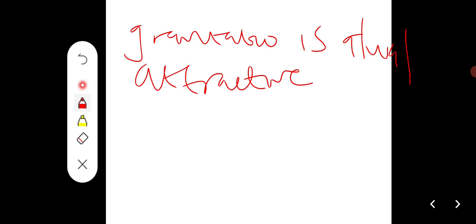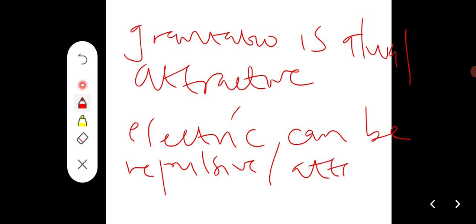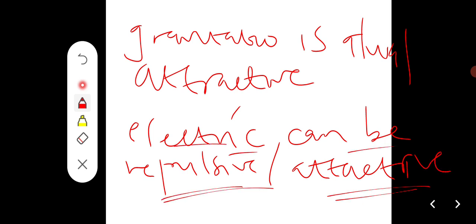Then the electric force can be repulsive or attractive depending on the charges producing it. So it can either be attractive or repulsive, but the gravitational force is always attractive.